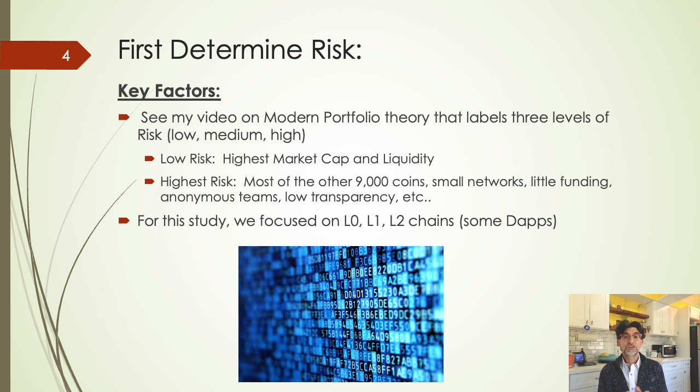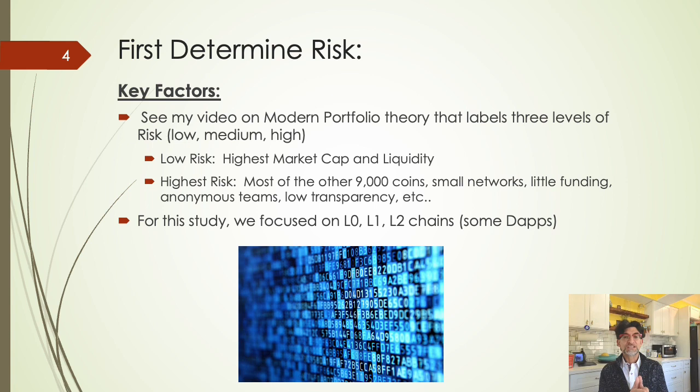If we just focus on tokens and coins, then within that cohort of cryptos we need to consider if they're low risk or high risk. I did a video on modern portfolio theory that talked about how to analyze these coins, and what we need to consider to determine if they're risky or not.